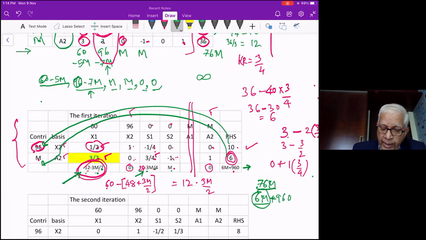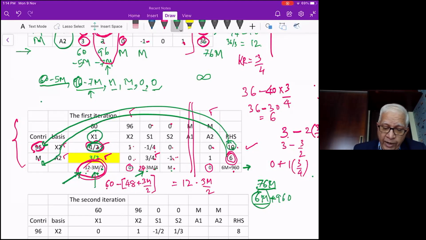This I'll mark with an incoming arrow. So variable x1 is entering the basis. Which variable will leave the basis has to be decided by dividing the RHS value by the value in the key column. For example, 10 divided by 1 by 2: 10 in the RHS column, 1 by 2 in the key column.